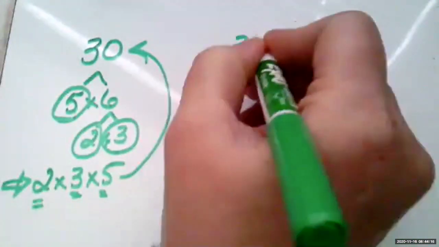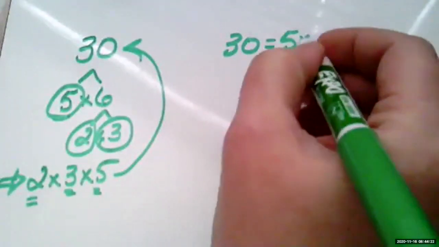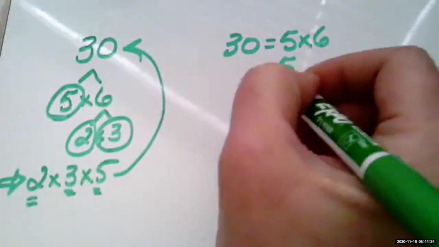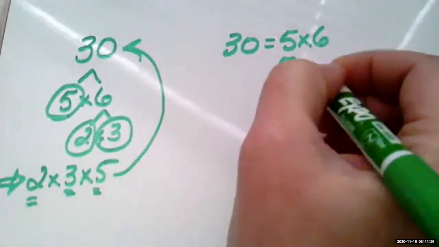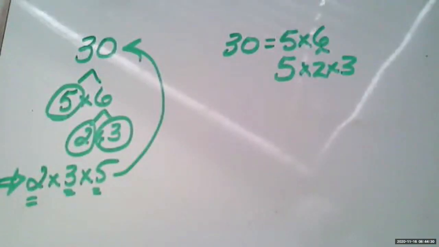In 6th grade, you might want to just break it down by saying what times what, and then keeping your prime number and breaking down the 6 times 3 times 2, something like this, and you'll still be correct. Either way you do it, it's going to be correct.